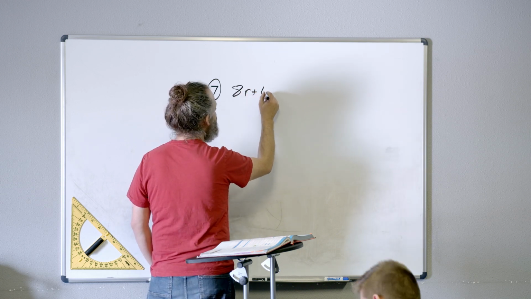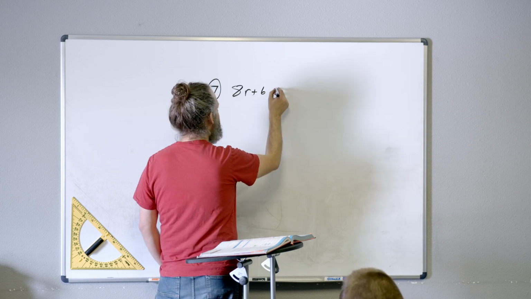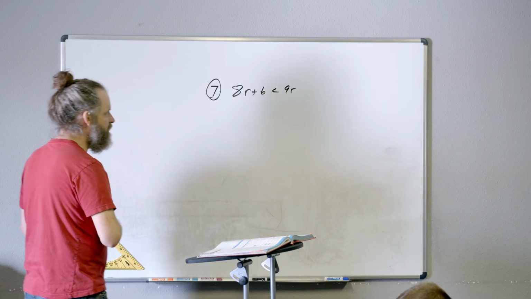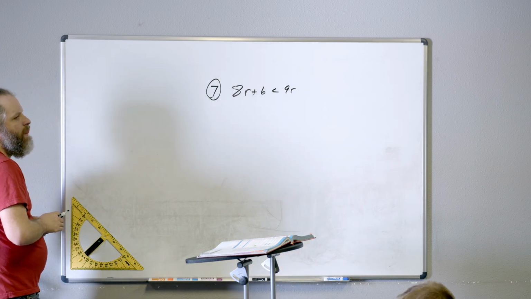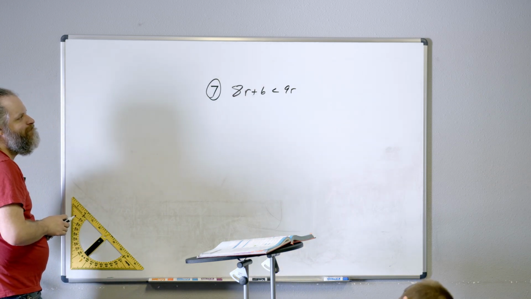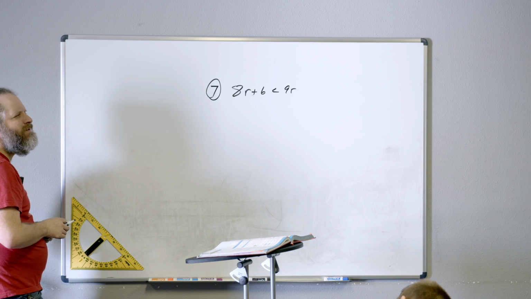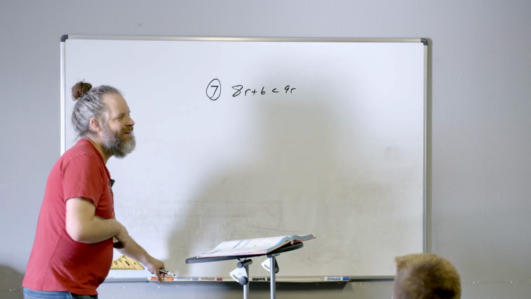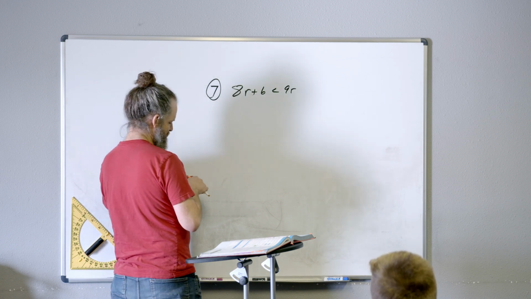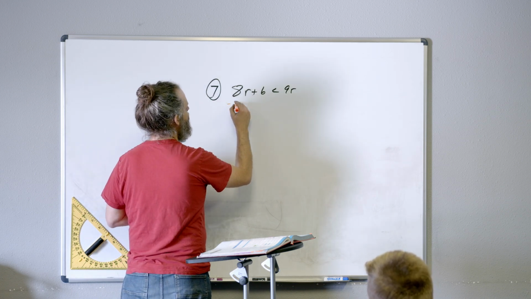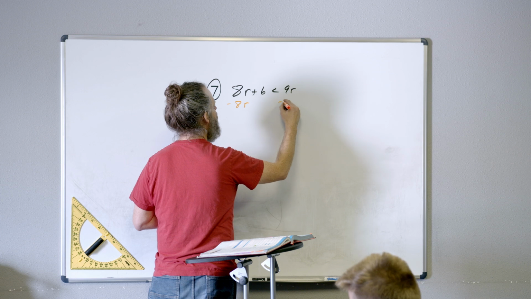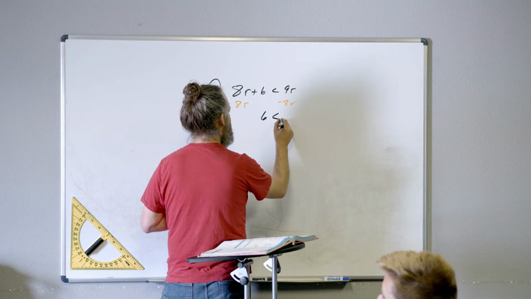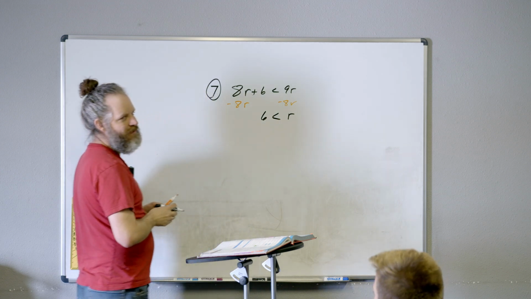8r plus 6 is less than 9r. So what should we do? Add? No, wait. Adding it won't move it over there. What will actually move it over there? Subtracting 8r from both sides will move it, right? Minus 8r, minus 8r. So we end up with 6 is less than r. Now what?